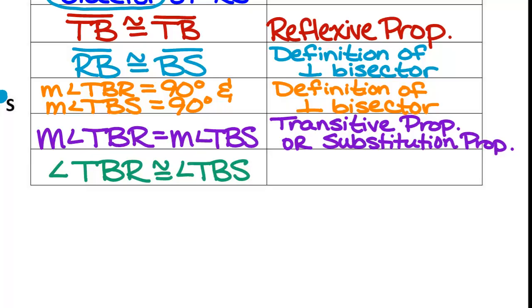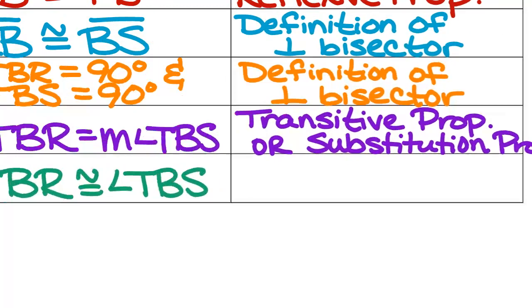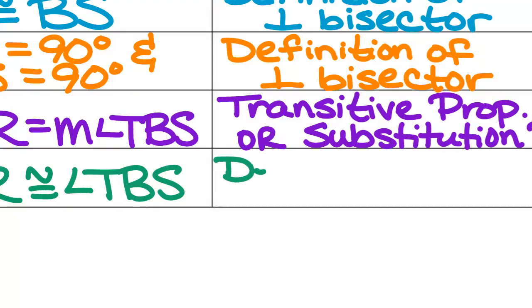What are we using? Oh, you guys are ahead of me. I'm not looking at the triangles for this. I'm looking right here. Right here we said the measurements were equal, and I'm saying that means they're congruent. If I know the measurements are equal, why can I say that means they are congruent? Definition of congruent angles.